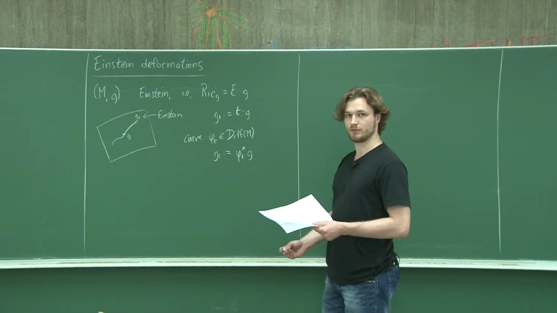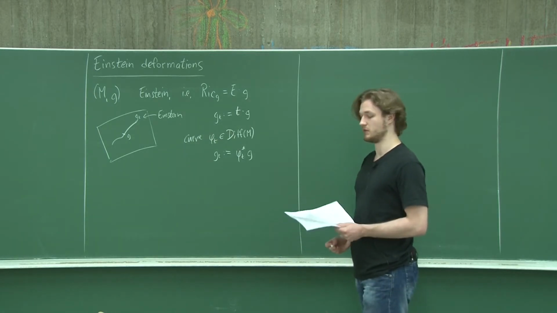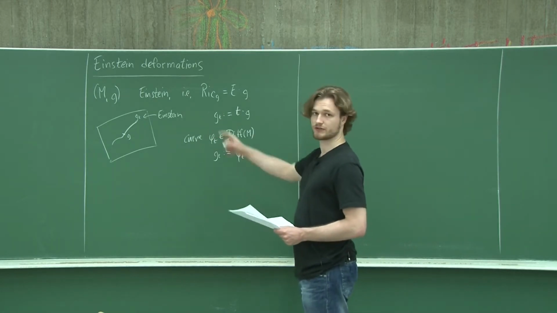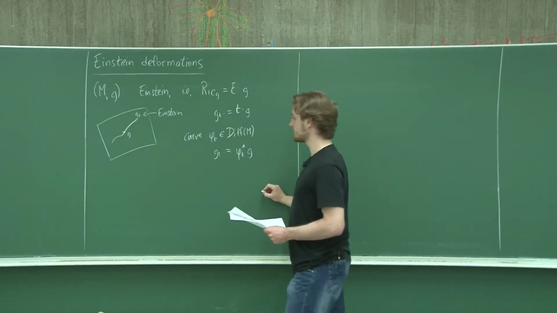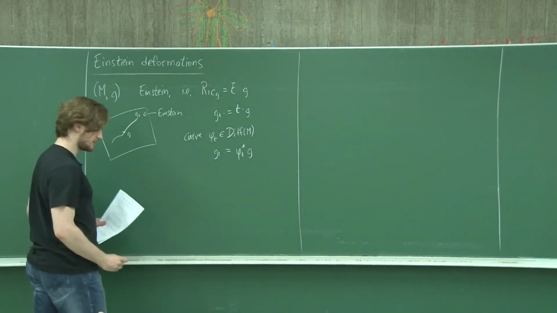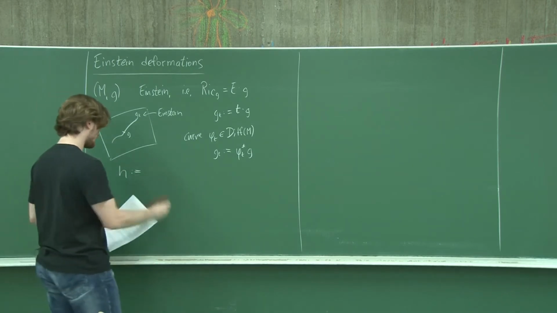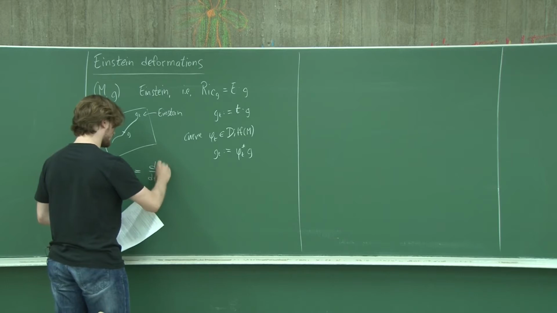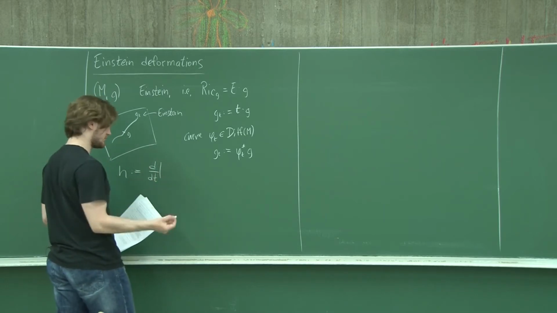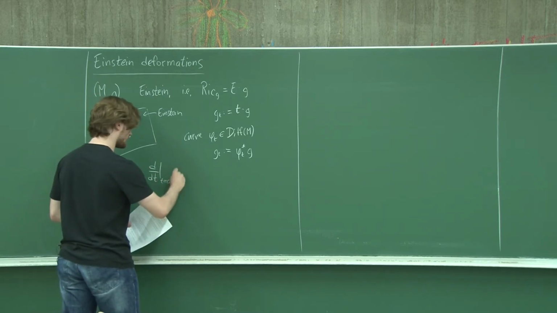So next we consider the problem on an infinitesimal scale. So say we have such a curve of essential Einstein deformations, then we define some tensor h as the derivative with respect to t at 0 of the curve g_t.